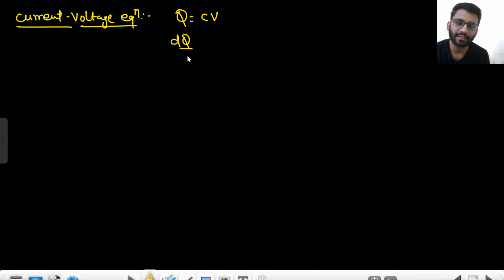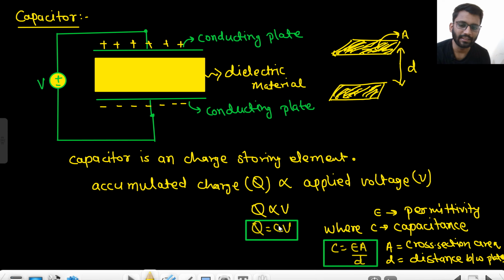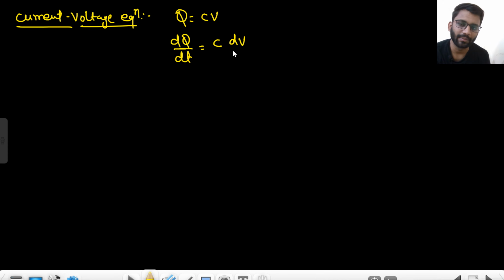What I do, I differentiate on both of the sides. dq by dt. C will be constant now, because I just said that C is a constant, known as capacitance. So C will be outside and this will be dV by dt. What is dq by dt? That is the capacitor current, and that will be equal to C dV by dt.